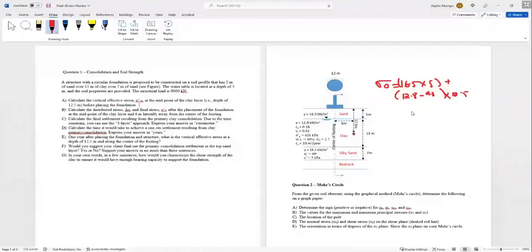Somebody punch the values for me, please. That's the initial effective stress at that point.